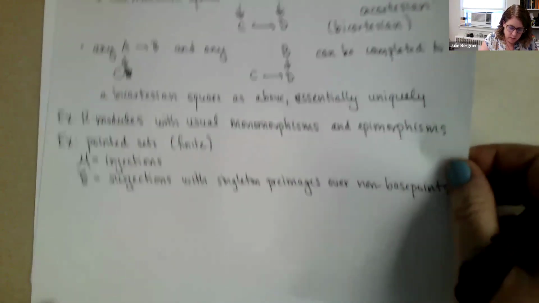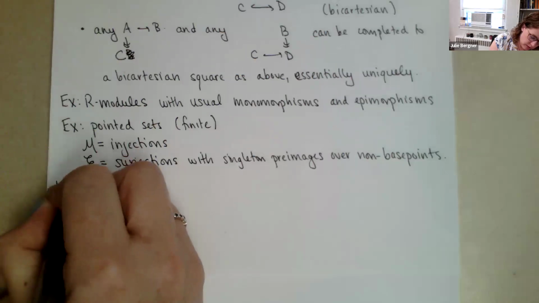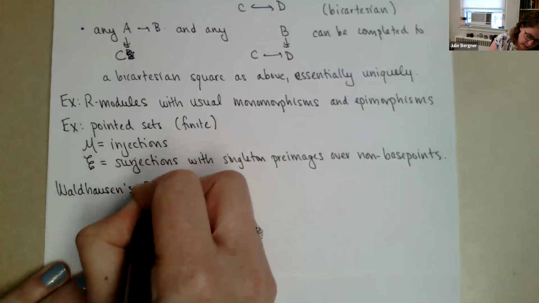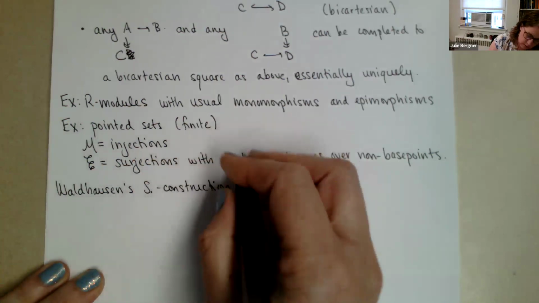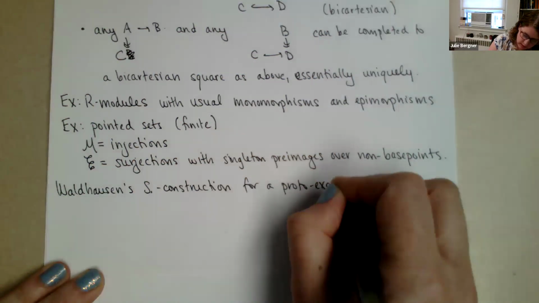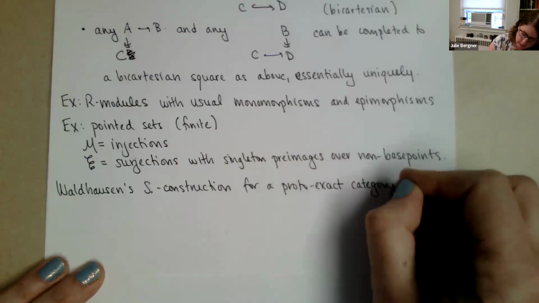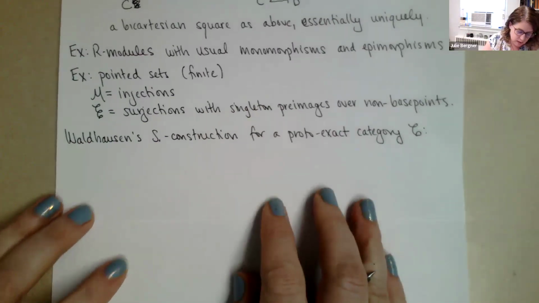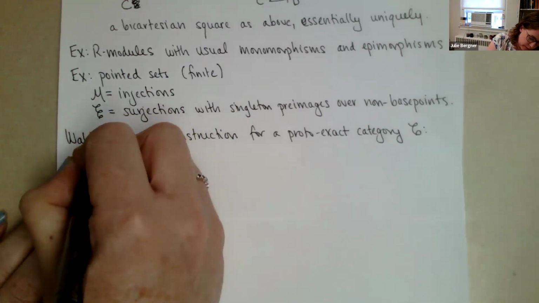Okay, so now assuming that we have these, let me define Waldhausen's S dot construction. Again, I'm just going to assume this proto-exact setup, basically the things that I've just described. This is going to be a simplicial object in groupoids.